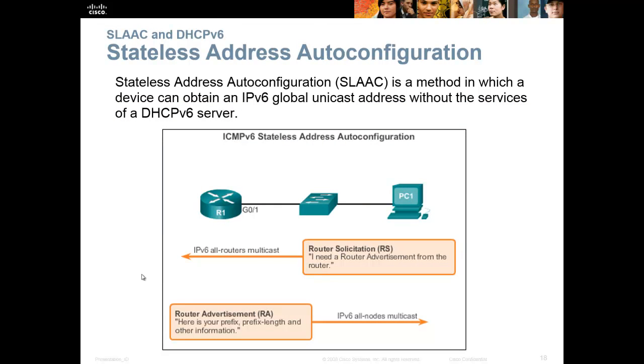All right, DHCP with version 6. In version 6, you've got a couple different options, and it's either stateful or stateless. Stateless is stateless address autoconfiguration, and basically it says, hey, your devices can configure their address themselves. So now I don't even need a DHCP server. I just need the router to tell you what your network portion is, and then the PC will assign himself the host portion of the address.